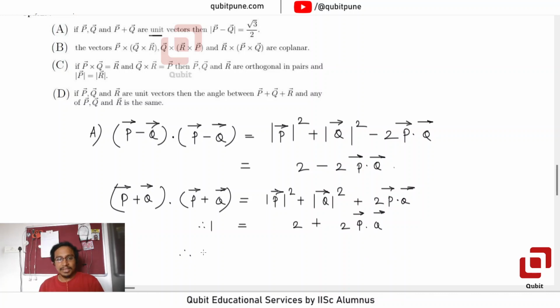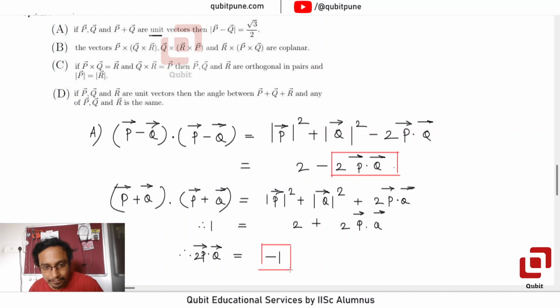Now, do you realize that 2 p bar dot q bar is minus 1? Just send 2 over, so it will give 1 minus 2, negative 1. Don't send the 2 anywhere else, because we want this expression only. What is that? 2 p bar dot q bar is minus 1.